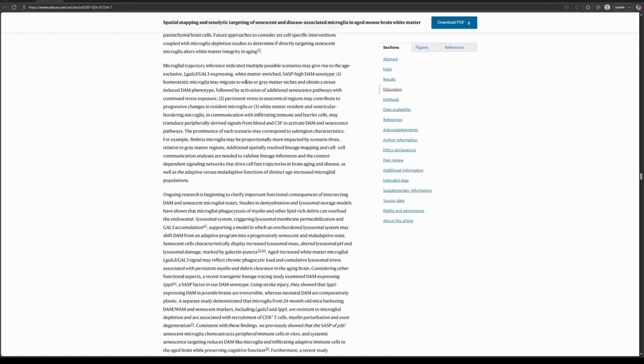And then migration from the white matter to gray matter may cause this DAM phenotype. And the prominence of each may correspond to whatever specific subregion of the brain you're in.